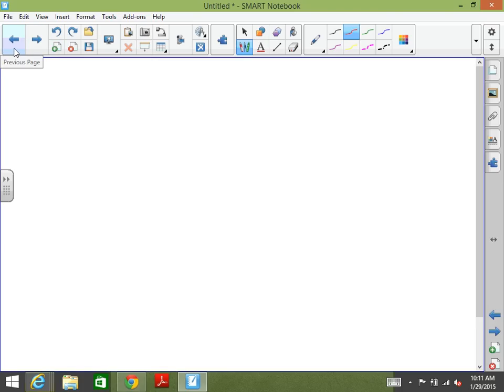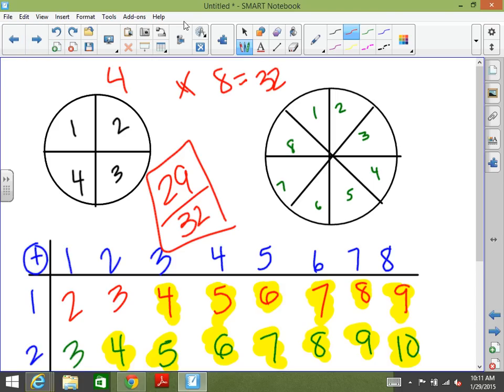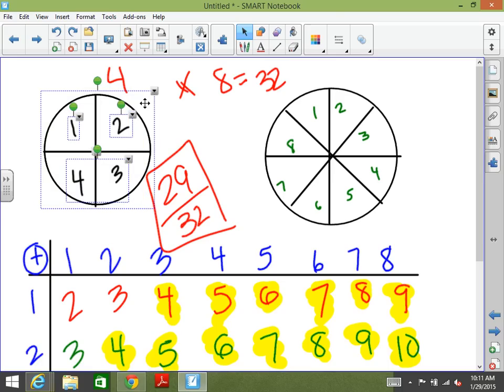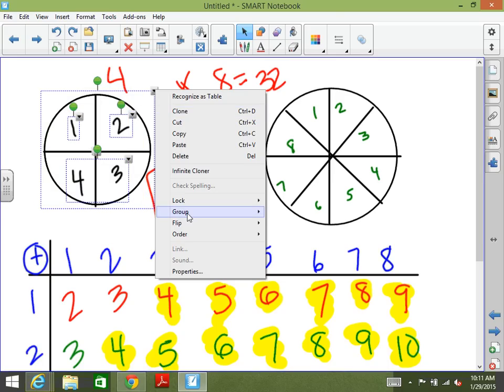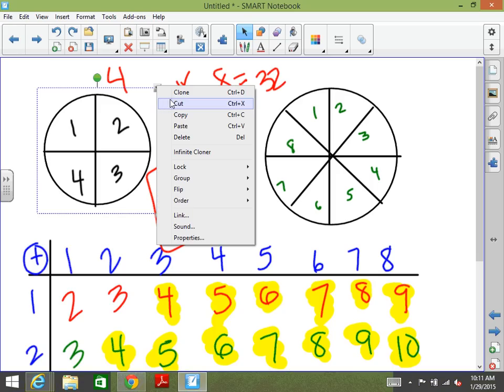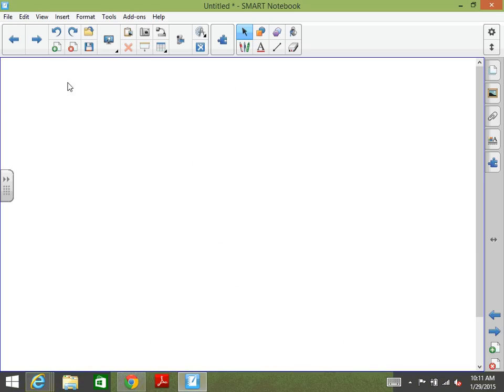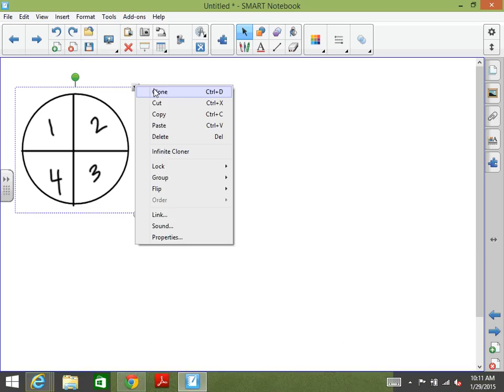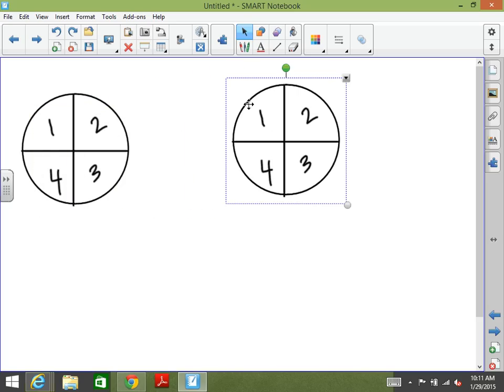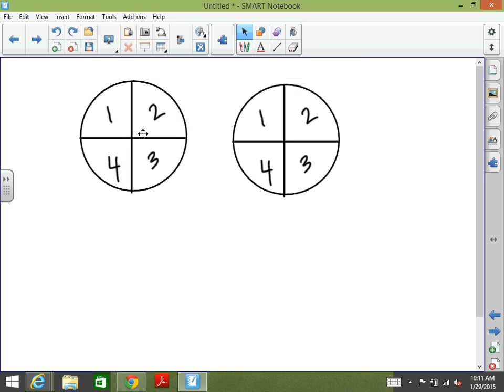Number 2. Now put the answer on your worksheet. Okay, number 2, you have 2 spinners numbered 1 through 4, 1 through 4.